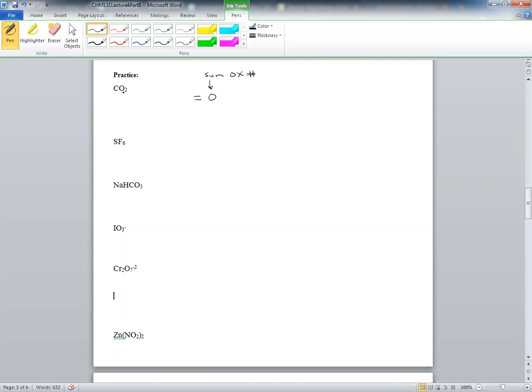How many of them do we have? Well, we have 2 of them. So we say 2 times -2. That -2 is from oxygen, and we have 2 of them. And if you don't know what carbon is, that's X. It's unknown. So just solve now for X. 2 times -2 is -4.